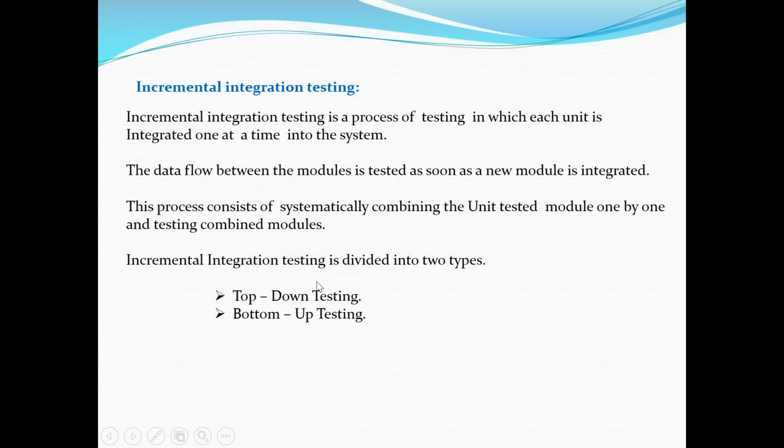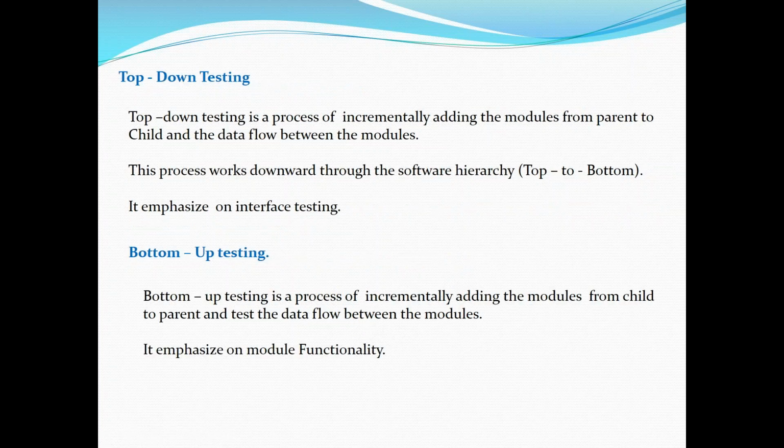Again, incremental integration testing is divided into two types. One is top down testing, another is bottom up testing. What is the meaning of top down testing and bottom up testing? Parent and child, yes. Top down testing is the process of incrementally adding the modules from parent to child.